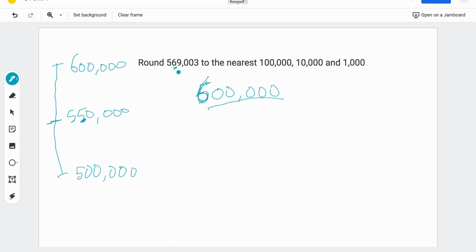So I want to know if this number is closer to 570,000 or 560,000. Well, it's 69 here. You see the 9 next door over here, and this is bigger than 5. So this is definitely rounding up. So this number rounded to the nearest 10,000 is going to be 570,000.